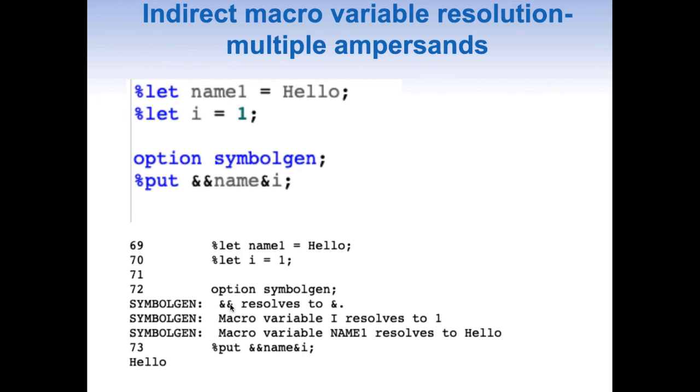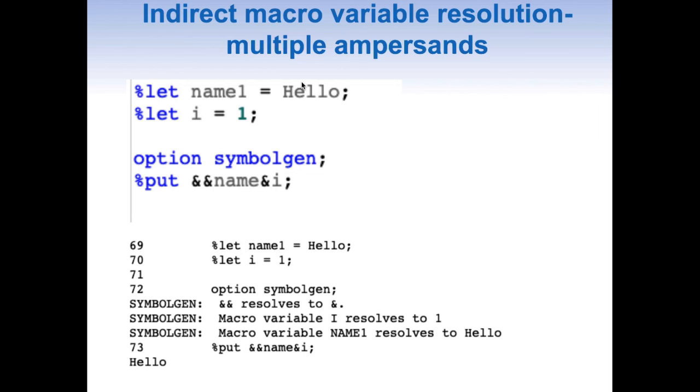Symbolgen says that ampersand ampersand resolves to ampersand. Ampersand I is resolved to 1. And now we are left with ampersand name1, that is macro variable name1. Macro variable name1 value is hello.